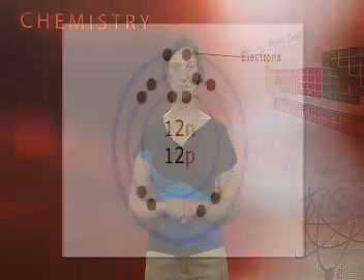In today's lesson, we will learn about two more general trends, including ionization energy, or potential, and electron affinity. Let us get started.